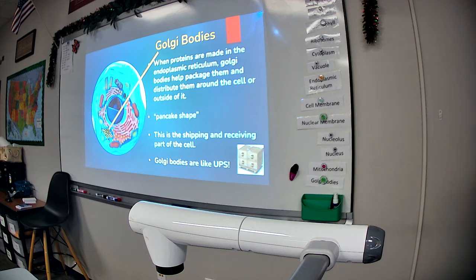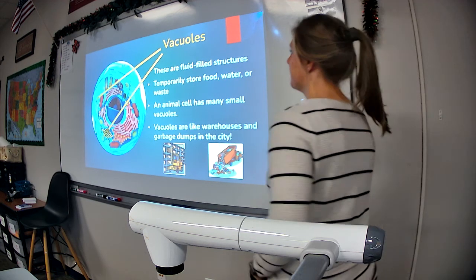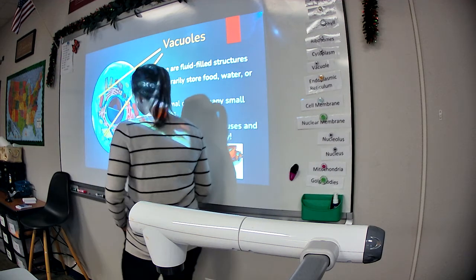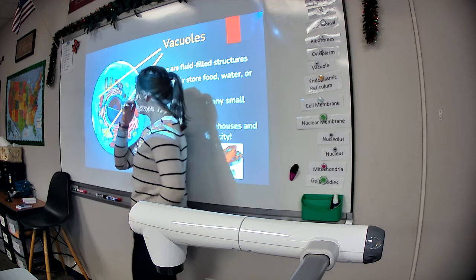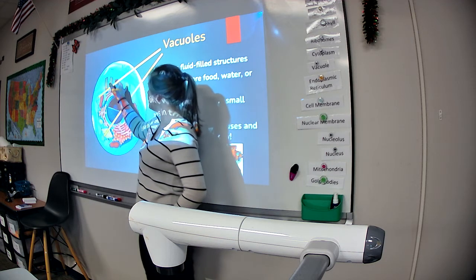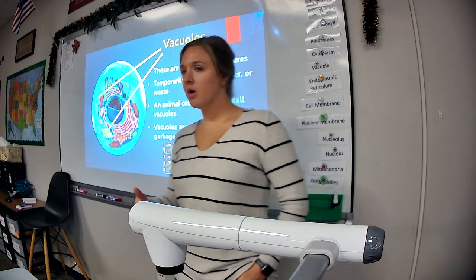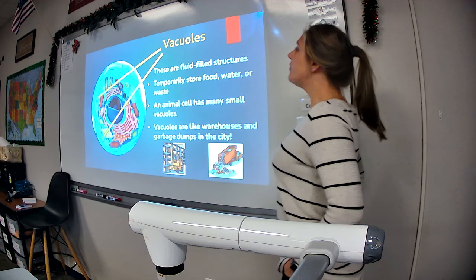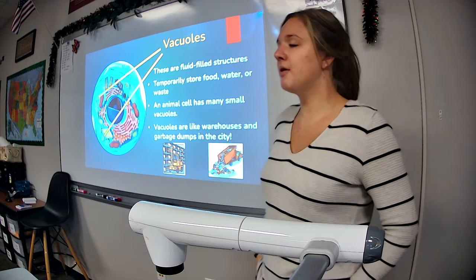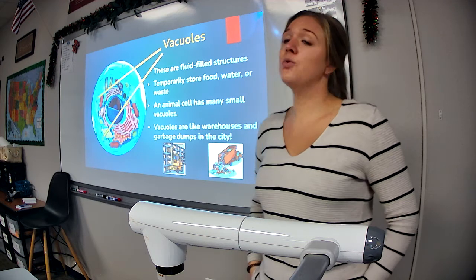All right, here we go. Next one are the vacuoles. This is what Connor was just asking. Okay? So the vacuoles are located in an animal cell. They're little tiny circles all throughout the cell. There's one here, here, here, here, here, and here. Now this one and this one are showing you what the inside looks like. These are fluid-filled structures, and their job is to temporarily store extra food, extra water, or extra waste.